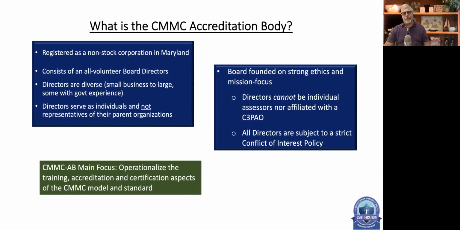So the accreditation body is a loose affiliation right now of 12 business owners and professionals that have volunteered their time to put all this stuff together. It is a corporation, and we are starting to hire staff, but we're board members, we're not staff. So it's just been a really interesting journey so far to pull all this together.